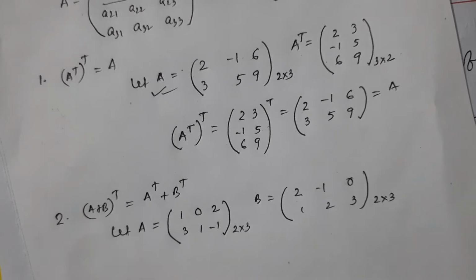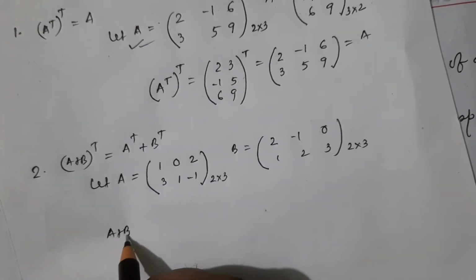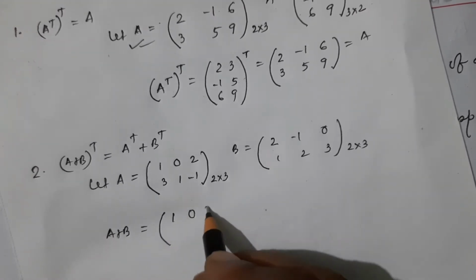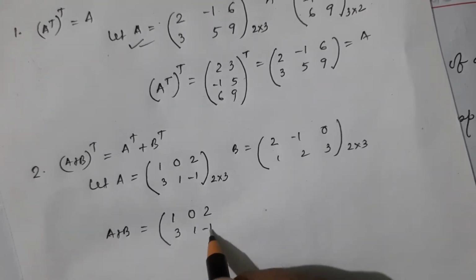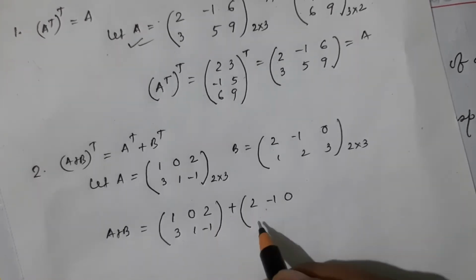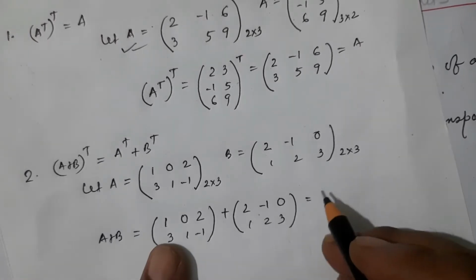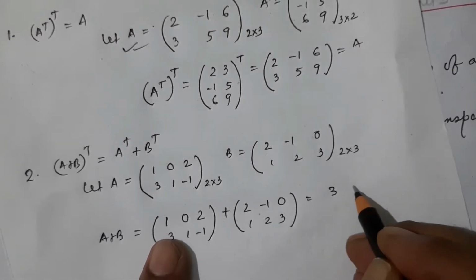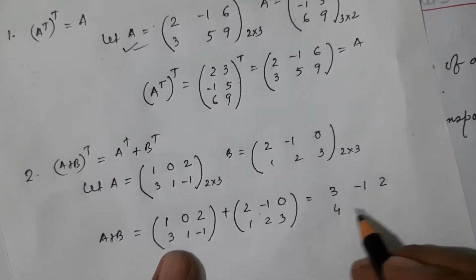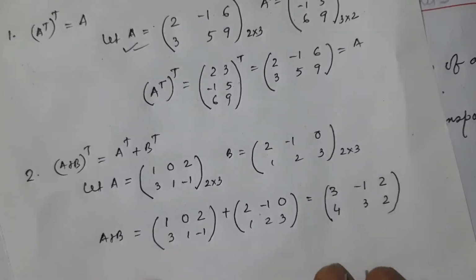So we at first add these two matrices. A plus B: we just add 1, 0, 2, 3, 1, minus 1 plus 2, minus 1, 0, 1, 2, 3. Then corresponding addition gives 3, minus 1, 2, 4, 3, 2. This is a matrix of 2 cross 3.